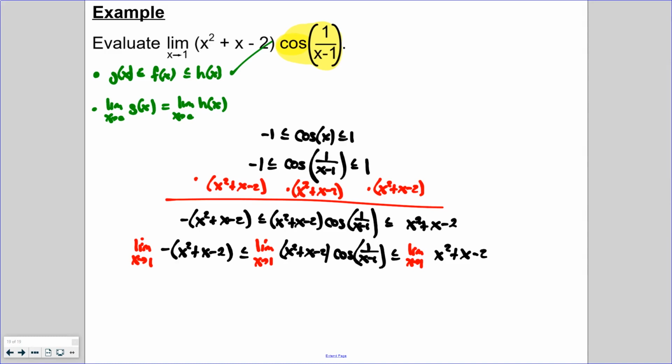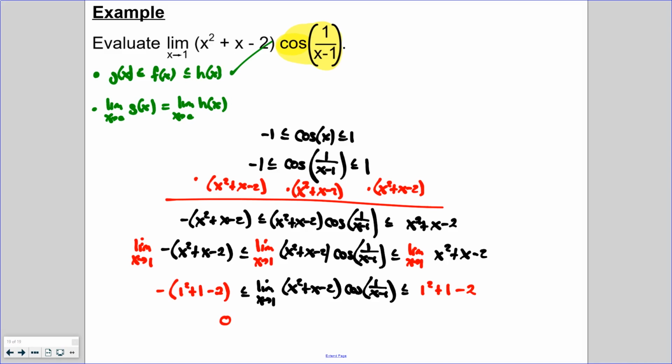And let's see, applying direct substitution, we're going to get negative 1 squared plus 1 minus 2 is less than or equal to the limit as x approaches 1 of the quantity x squared plus x minus 2 times cosine of 1 over x minus 1 is less than or equal to, and then direct substitution again is going to give us 1 squared plus 1 minus 2. All right, so now when we evaluate the lower and the upper expressions, 1 squared plus 1 is 2, 2 minus 2 is 0. Negative 0 is just 0.